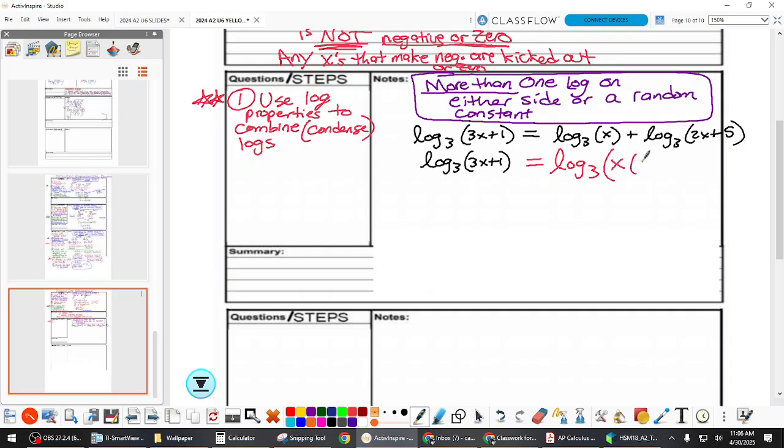Is that what you meant? Okay, so that addition tells you it was the multiplication property, so we can put it back into a product. What would you do from here? Yeah, now you just follow the steps that we just wrote. Good.